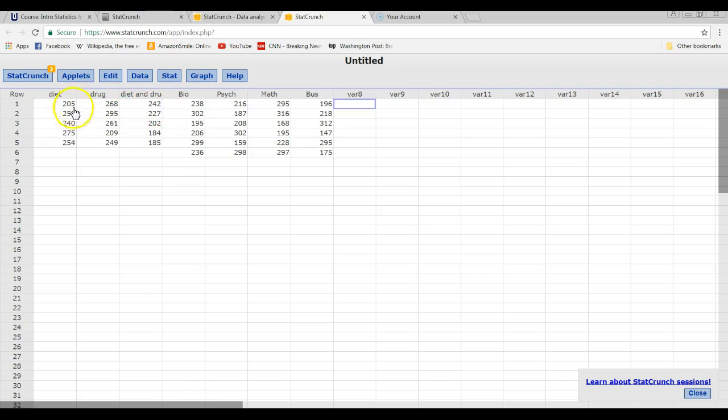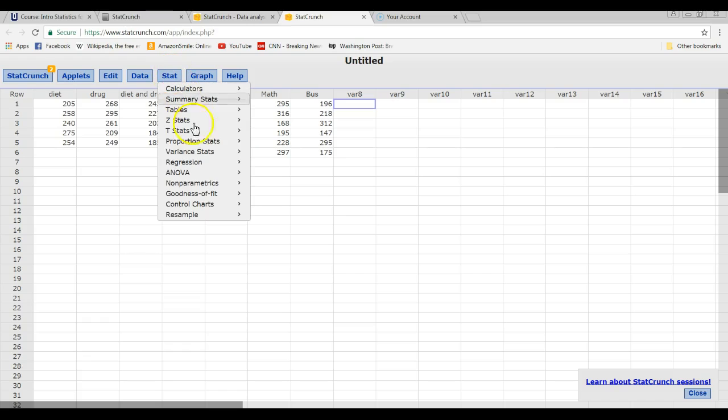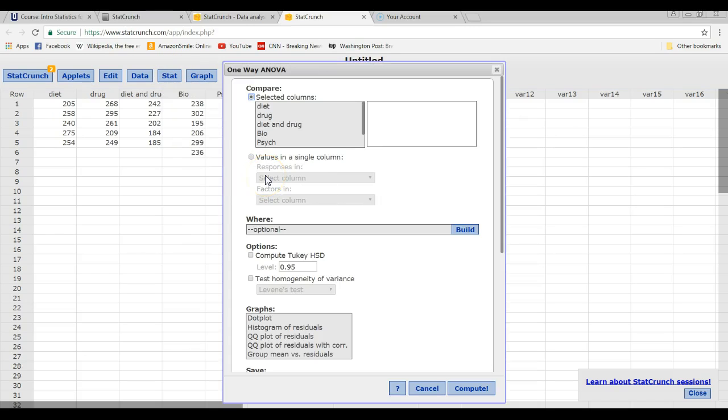The first 3 columns here are our example. We're going to go to Stat, ANOVA, One Way. And you just highlight all 3 of your columns. Highlight the first one and then press Shift and then highlight the last one, and it'll select all of them. And then just hit Compute.